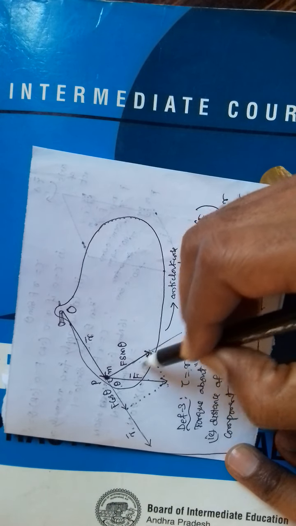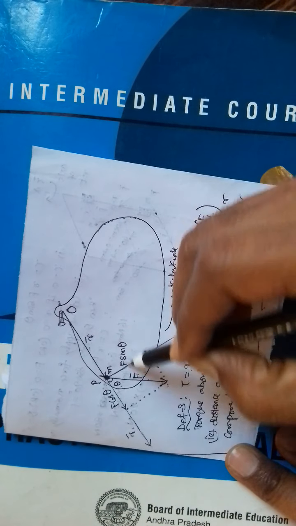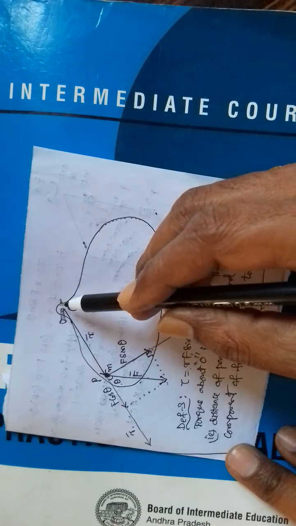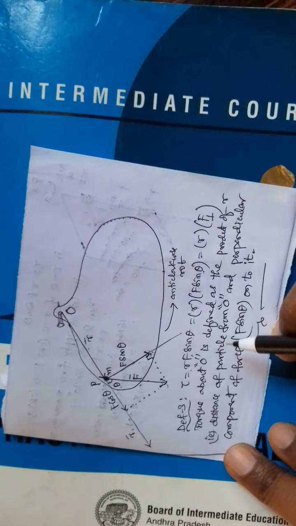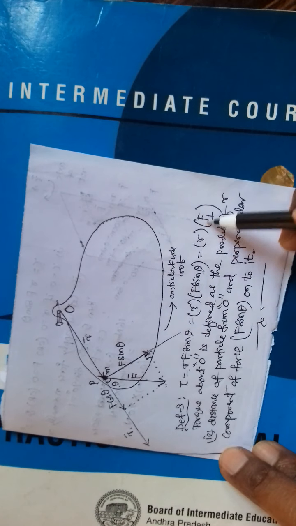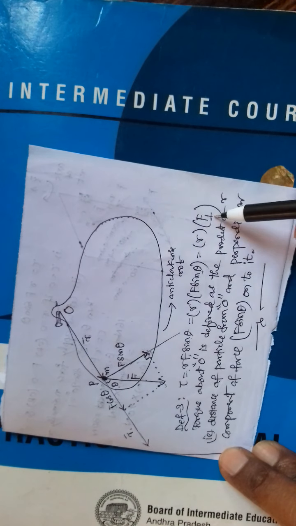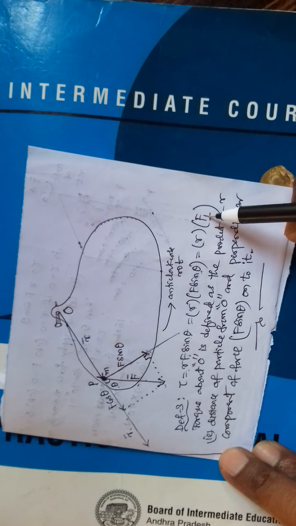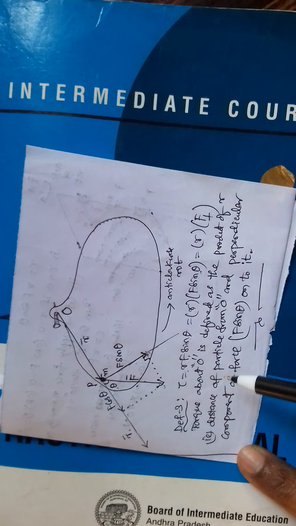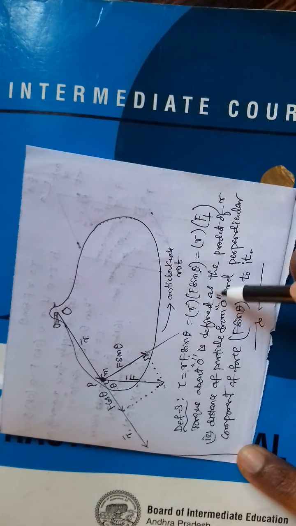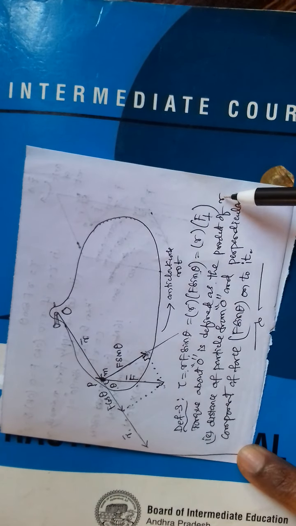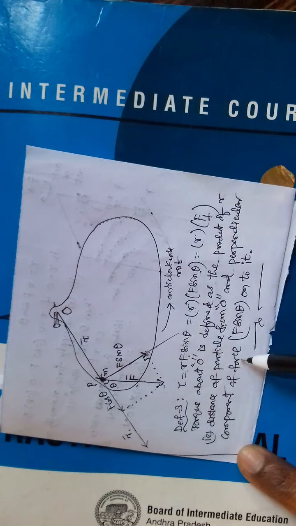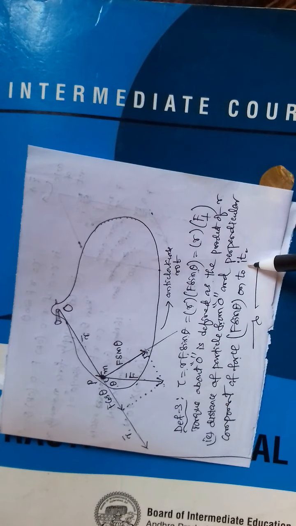F sin theta is nothing but the component of force perpendicular to R. Therefore R into the perpendicular component of force. So torque about O is defined as the product of R, that is the distance of the particle from O, and the perpendicular component of force onto it.